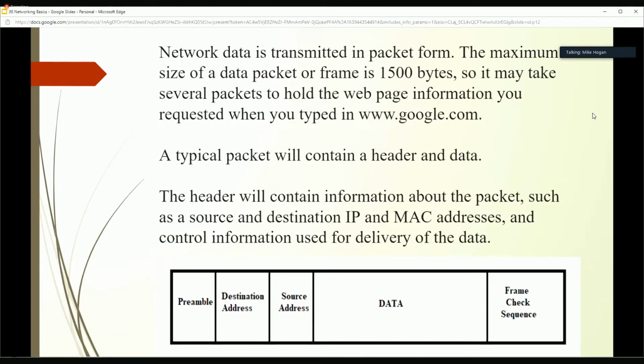And so here what we have is this packet below that has the data. You can see it's got the addressing, it's got a preamble, and then it's also got this FCS, which is responsible for making sure that the packet that is received is the packet that was sent.